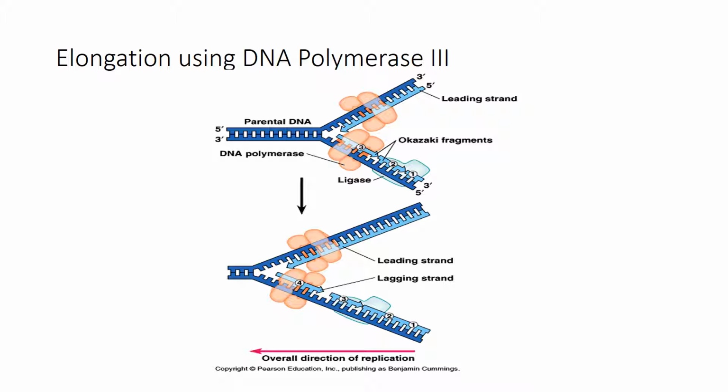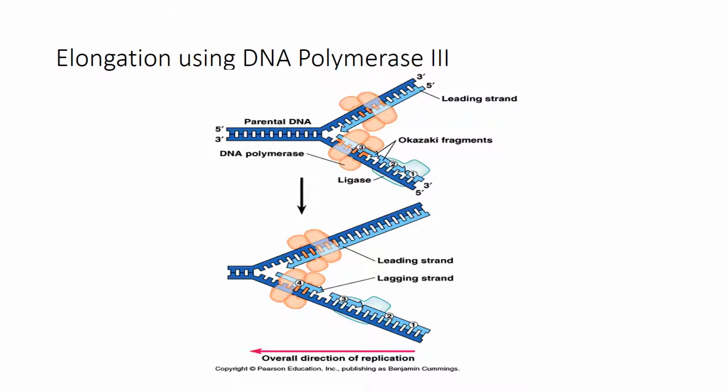What's the difference? The leading strand, the new DNA molecule, is being made in a continuous process. Why? Because it's being made in the 5' to 3' direction. But in the lagging strand, that's not happening, because as the helicase moves further to the left, the 5' to 3' direction of the lagging strand is going away from the replication fork.